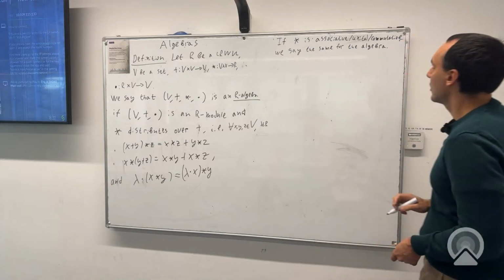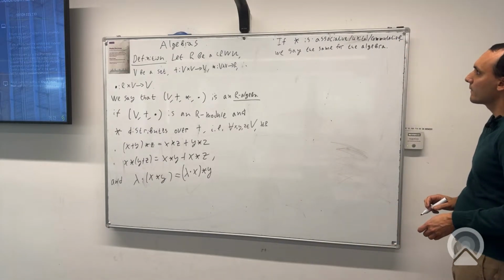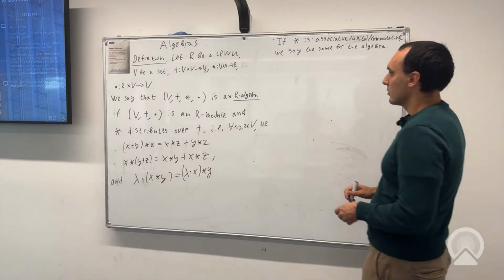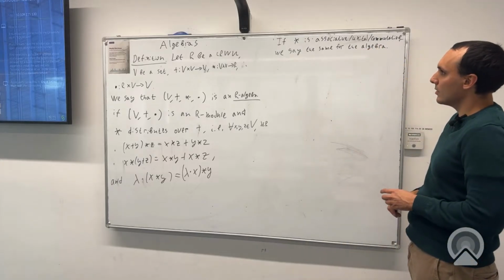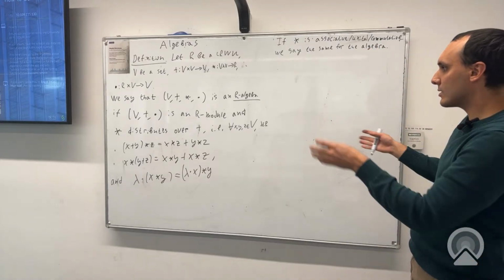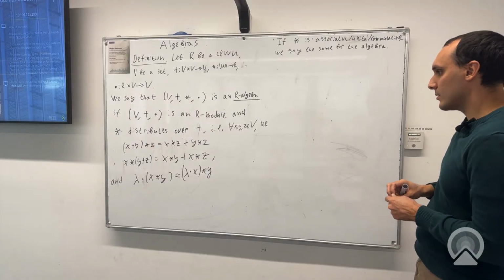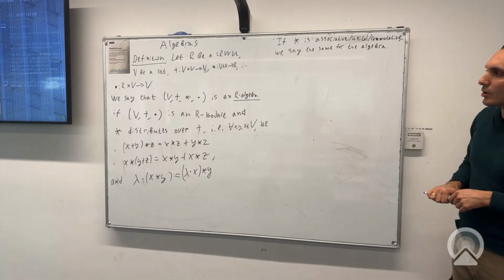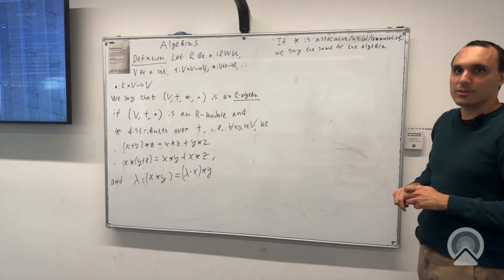Usually people study, when talking about this kind of algebras that we're going to discuss, associative ones, but in discrete mesh calculus, we have a coproduct that is not associative, so not always.